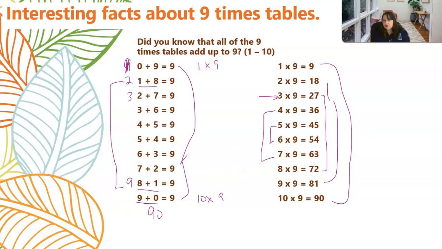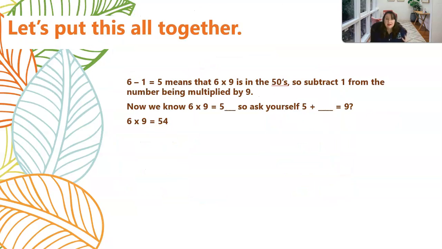So how do we use it? If we are given something like 6 times 9 and we don't have our timetables, or we don't want to write them all out, how do we figure out what that might be? Well, we can put it all together. 6 minus 1 is 5, so that means we're in the 50s, right?